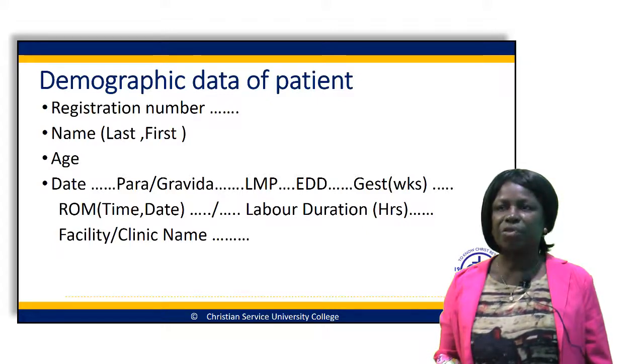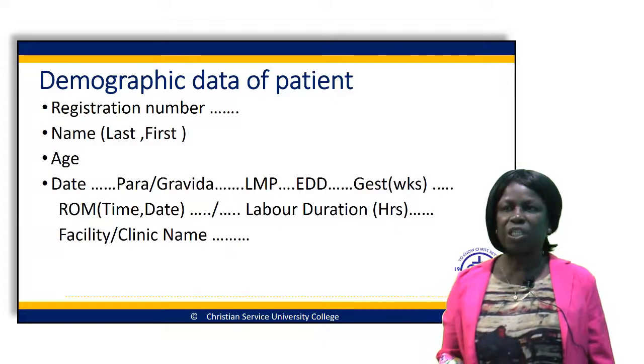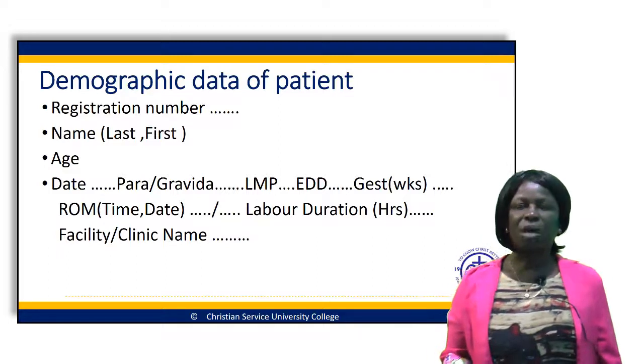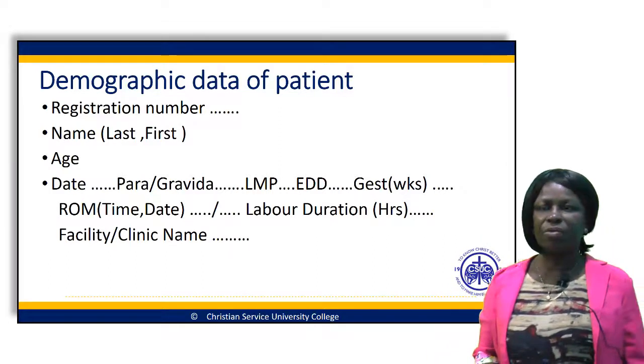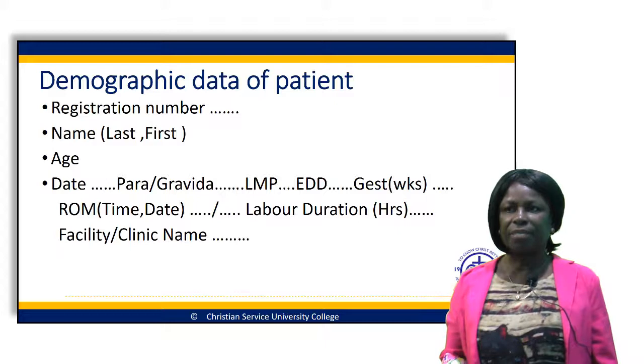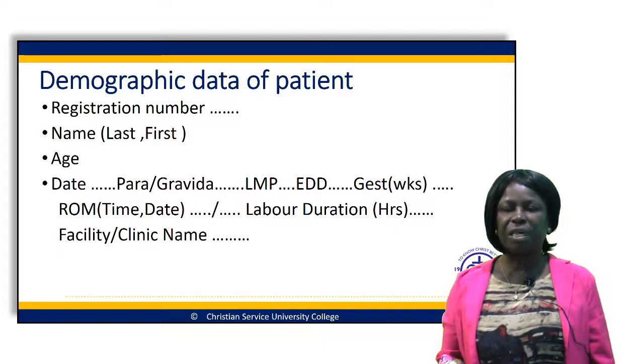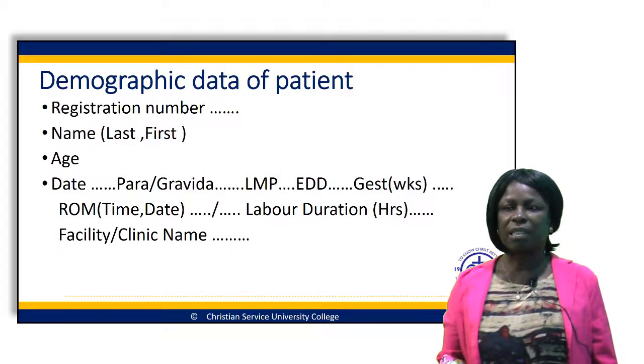Then last menstrual period, and then expected date of delivery. It also comprises the gestational period, rupture of membranes and the dates. The labor duration, how many hours the client has spent since labor started. Facility, that is the hospital that the client has reported to, the name of the facility.